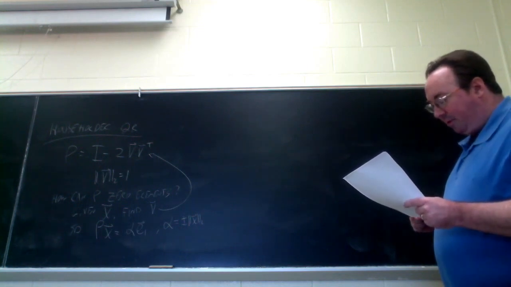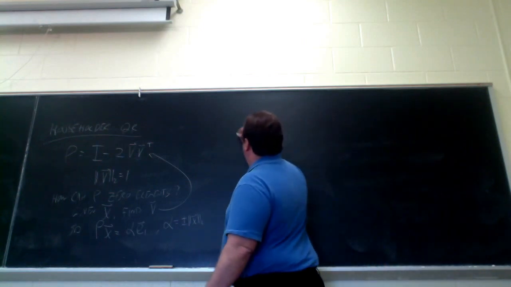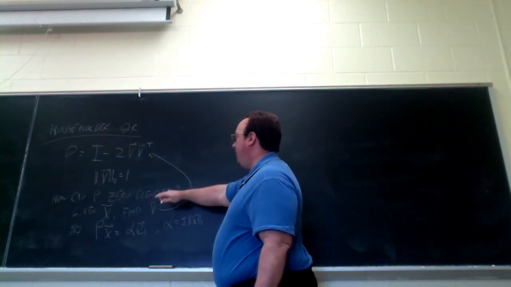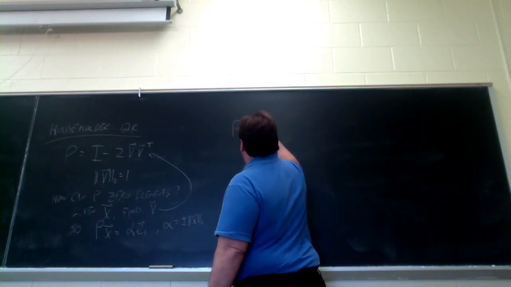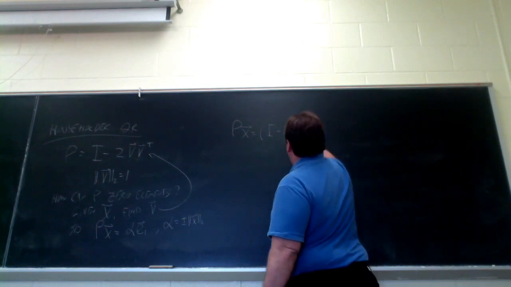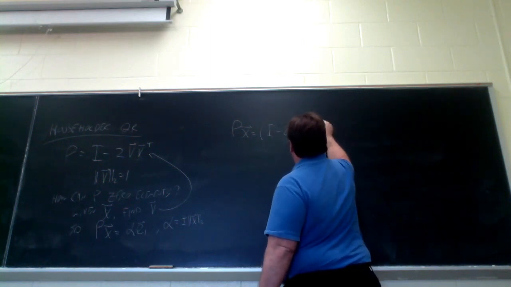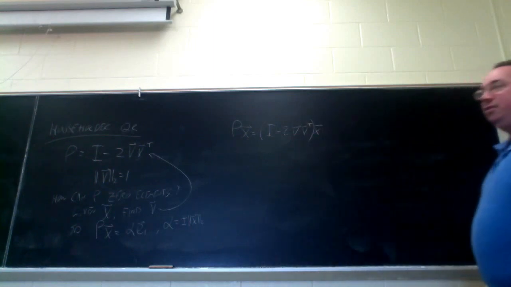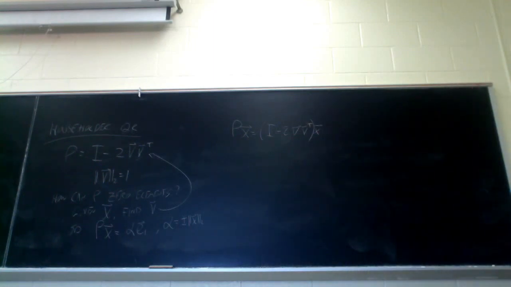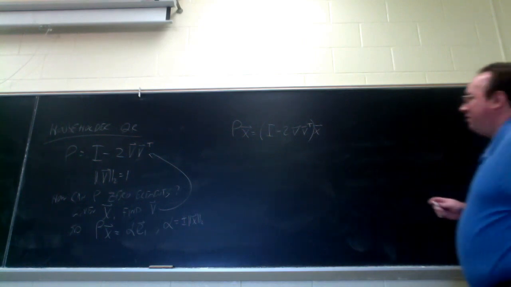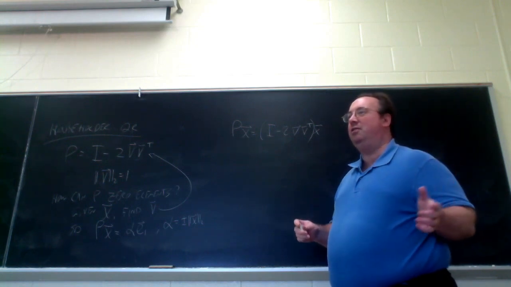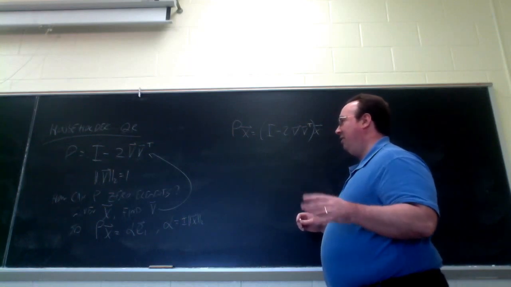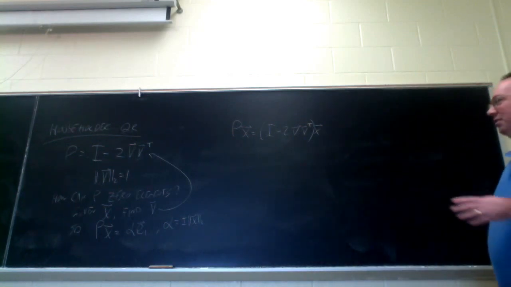Now we just need to find the magic V that will make this happen. Px is equal to identity minus 2VV transpose, times x. This is a good time to show how we efficiently multiply by a householder reflection, because just as one of the commandments of numerical linear algebra is you never ever explicitly compute the inverse, you never ever explicitly form a householder reflection, the P here.